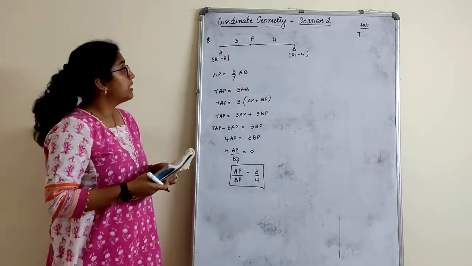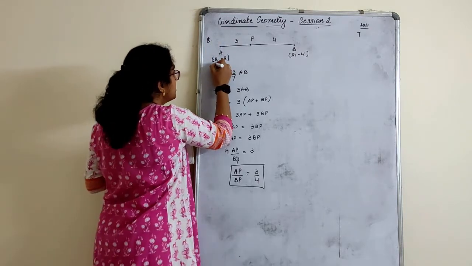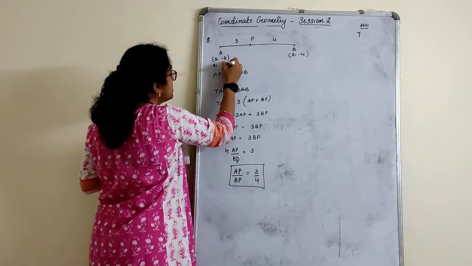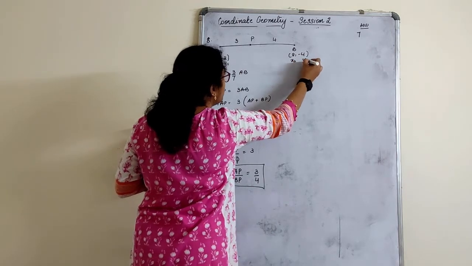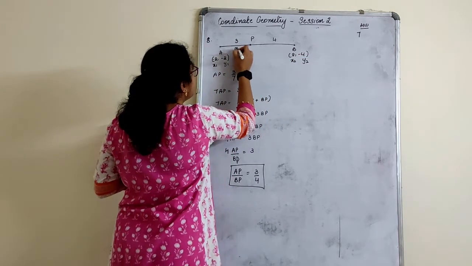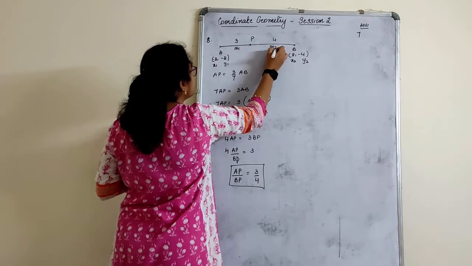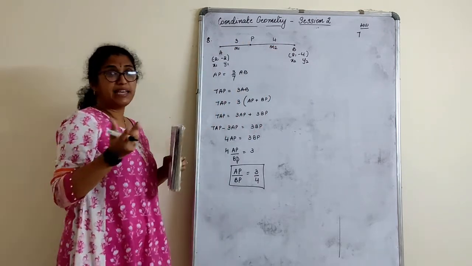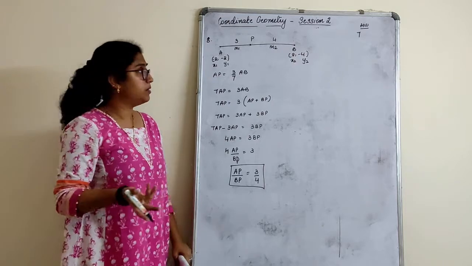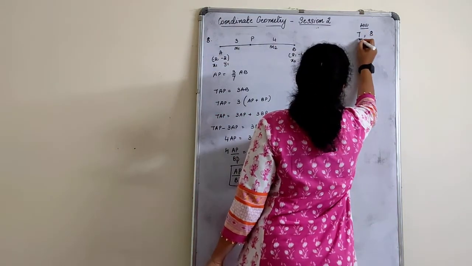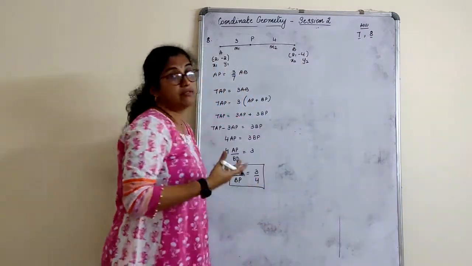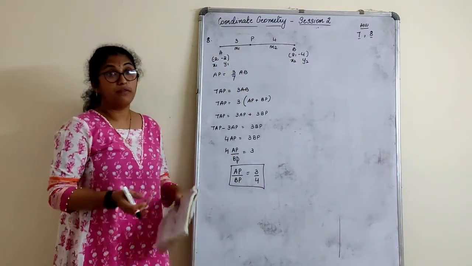Now, this is x1, this is y1, this is x2, this is y2, this is m1 and this is m2. Finding the coordinate of P is very simple, section formula, right? 8th one, children. Anyhow, Saturday and Sunday you can complete the homework part here.